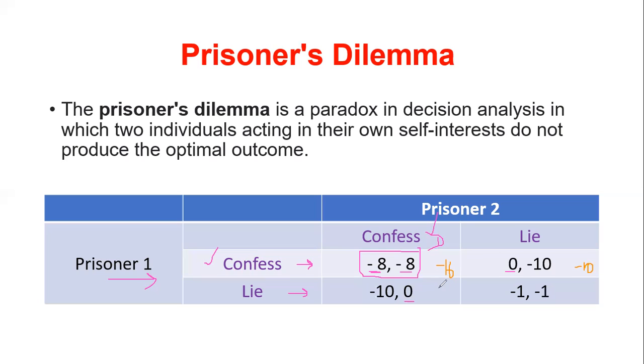Here it is 0 plus 10, that is 10 years of jail. And here it is 1 plus 1, that is 2 years of jail. So the collective decision, the decision that would have been optimal for both of them, would have been this, that is lie, lie.